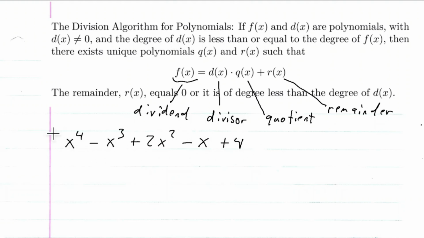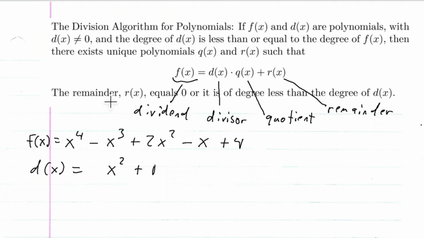This is going to be our f of x. And the divisor, the thing we're going to be dividing this by, is going to be x squared plus 1.